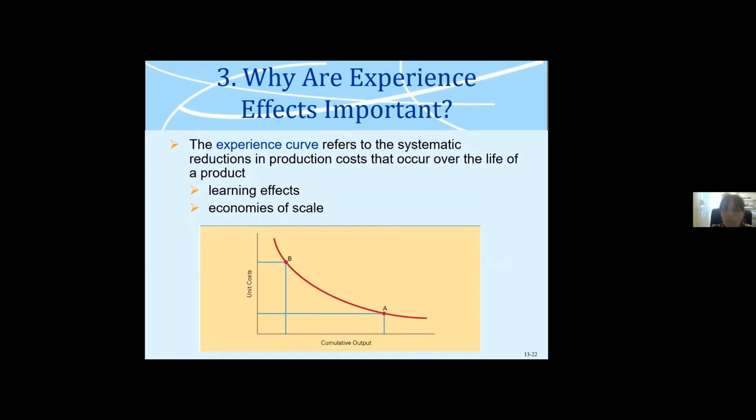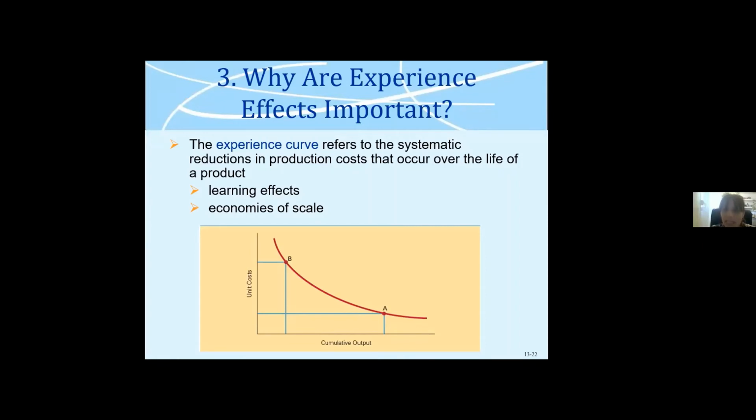Many studies observe that the cost of manufacturing a specific product declines by some quantity each time cumulative output doubles. And we can see it through the figure, which illustrates the experience curve relationship between unit production costs and cumulative output.